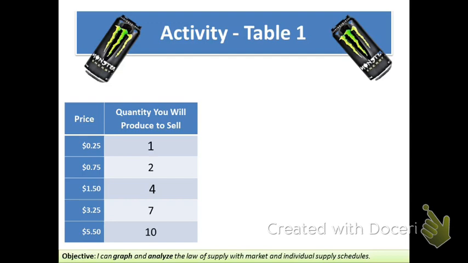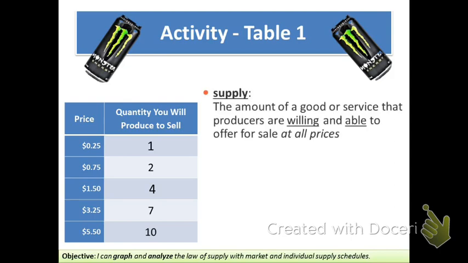Now, I know that you might be saying, nobody's going to buy a Monster Energy drink for $5.50. Well, that may be true. And we'll talk about what happens with the intersection of demand and supply next week or after spring break. For right now, just understand that as the price goes up, we would want to sell more because we would make more money.